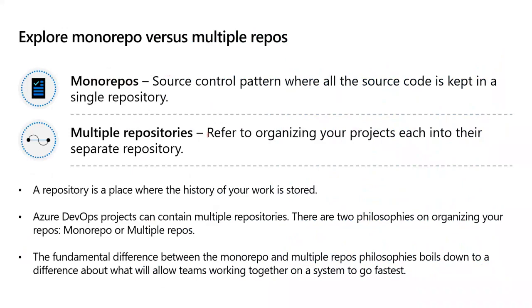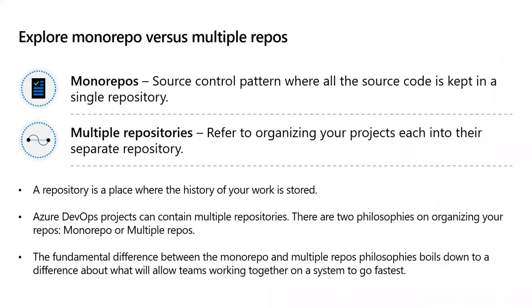A repository is a place where the history of your work is stored. Azure DevOps projects can contain multiple repositories. The fundamental difference between the monorepo and multi-repo philosophy boils down to what will allow teams working together on a system to go fastest.